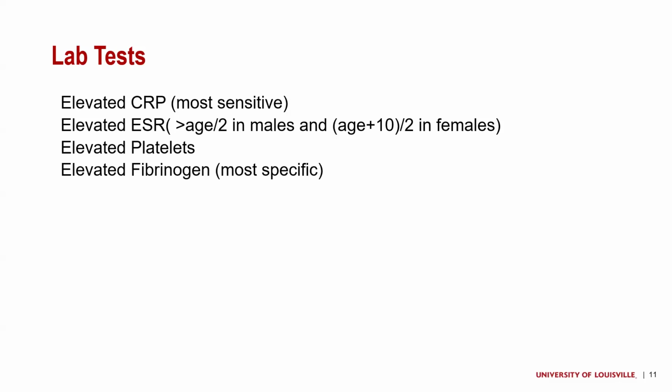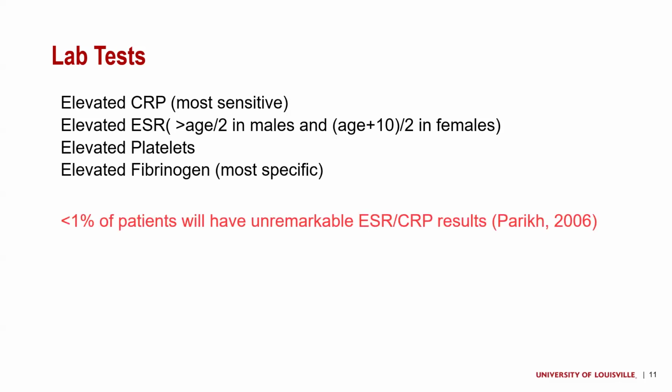Probably the thing to note here is that if you check both an ESR and CRP in a patient, and the ESR and CRP are normal or unremarkable based on these cutoffs, then these patients have a less than 1% chance of having giant cell arteritis. You do have to consider the situation, though.